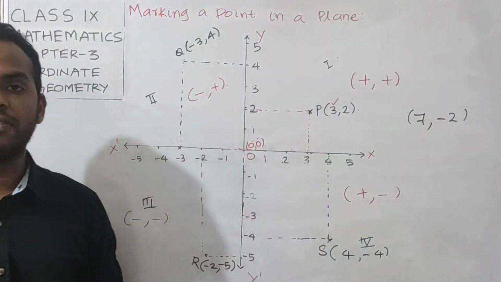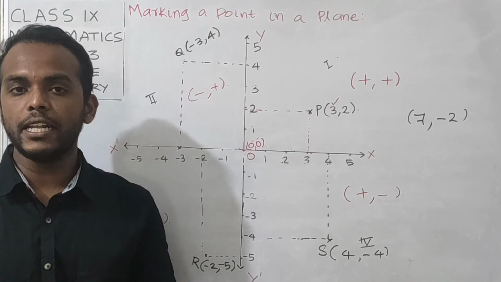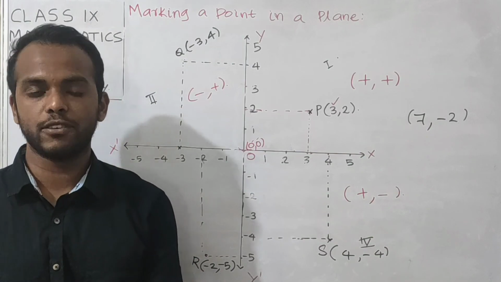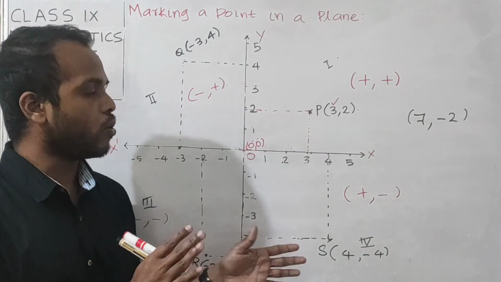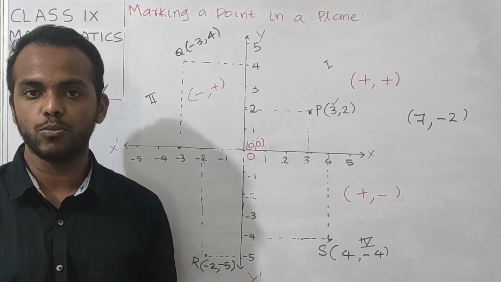Now one more thing is left: how to mark a point, or how to determine the point if points are given like this. That's the only portion left in this chapter. Rest all is covered. Now you can try to do exercise 3.1 and 3.2 by yourself.